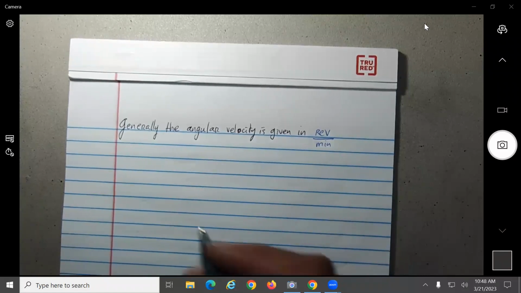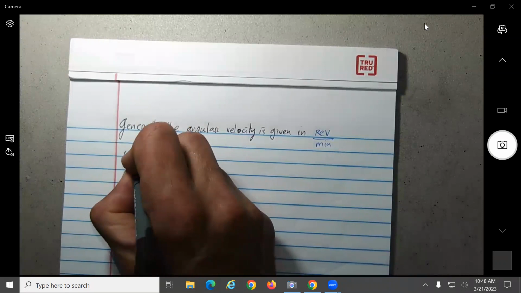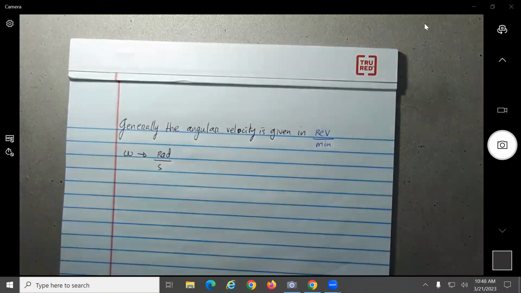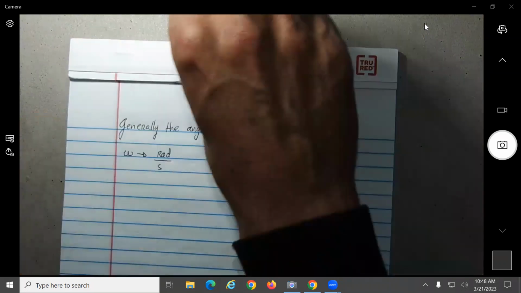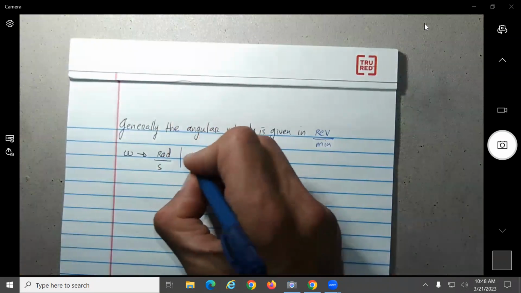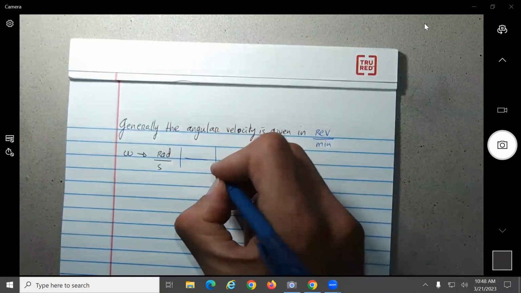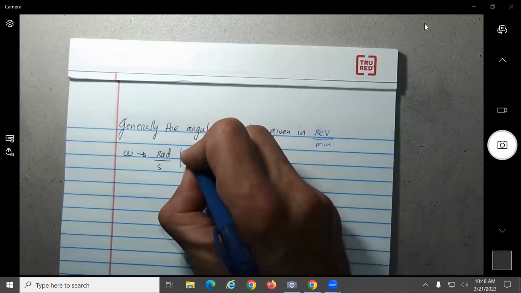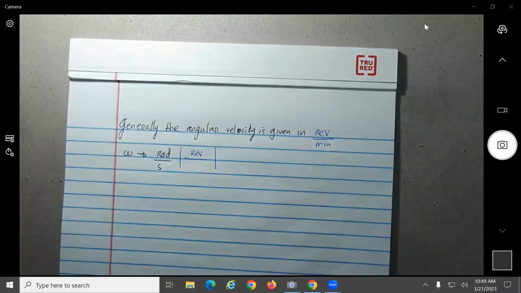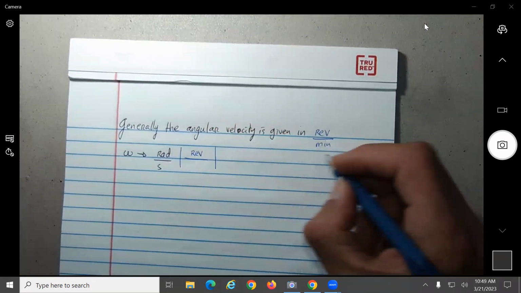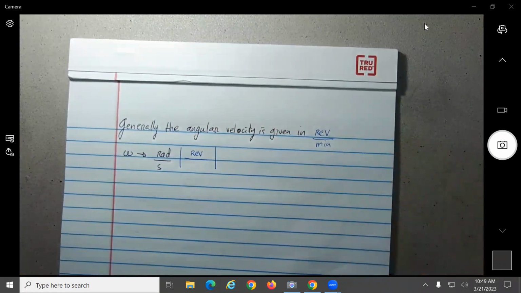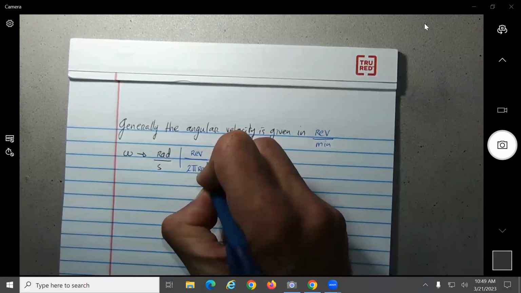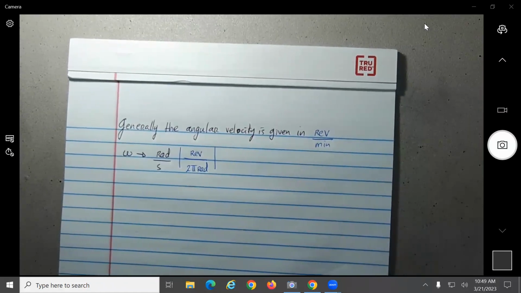So let's just see what would then be omega. We know omega, the general unit should be radians per second. If we want to move that to revolutions, what do we need to do? Okay, so we have one revolution, we need to eliminate the radians. In one revolution, that means you go once around the circle, you have 2 pi radians, no?